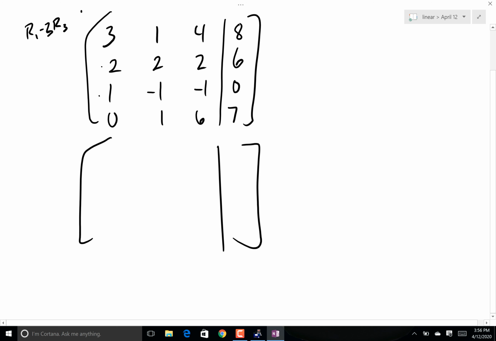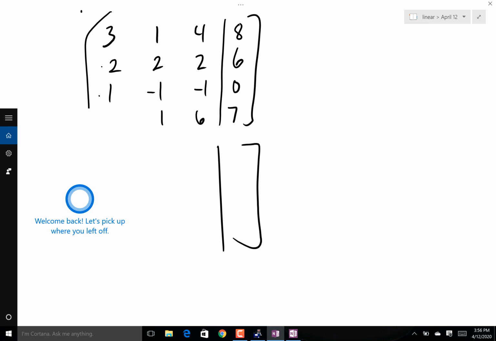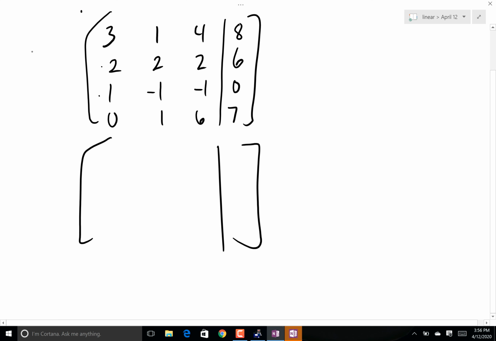And that's going to give me, oh, stop it. Leave me alone. I'm going to do R2 minus 2R3. That's the first thing I did last time. I'm going to do it again this time and see if I can not screw it up. So that's 2 minus 2 is 0. That's nice.